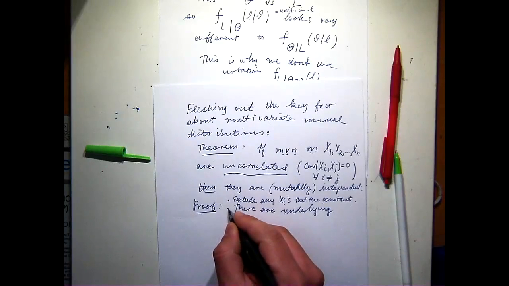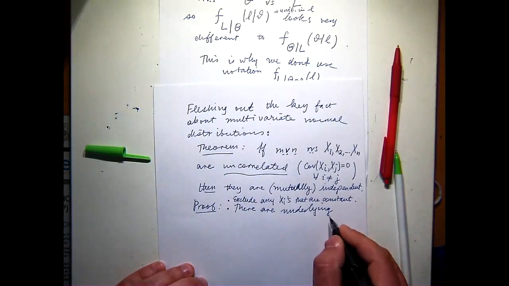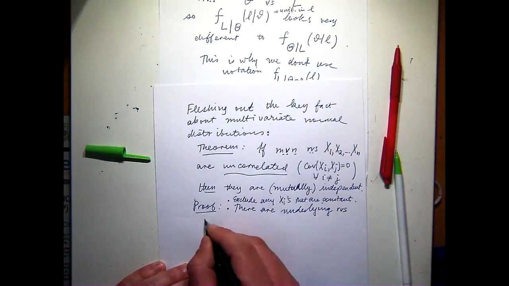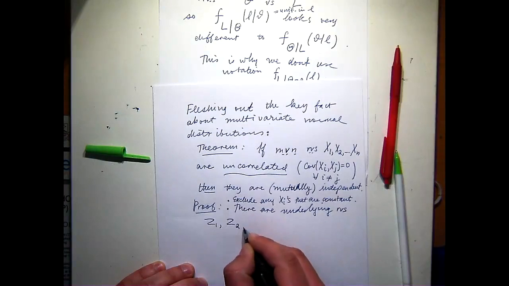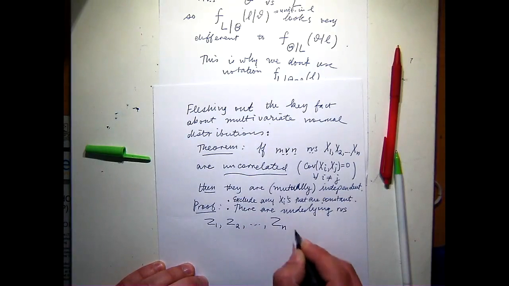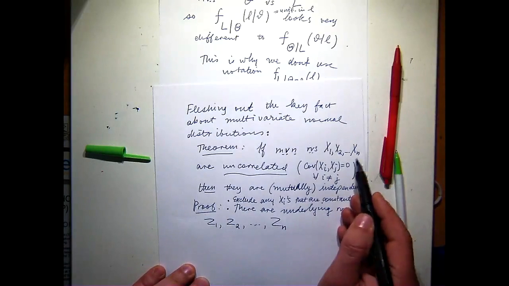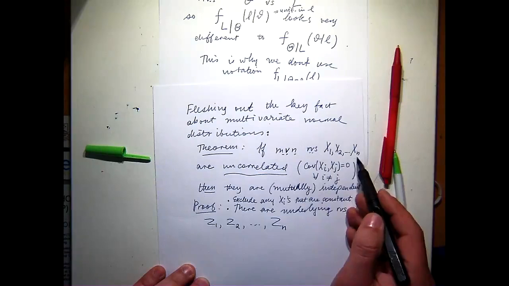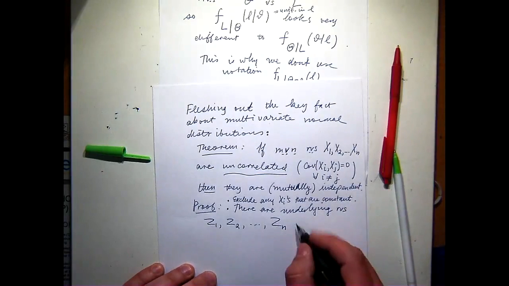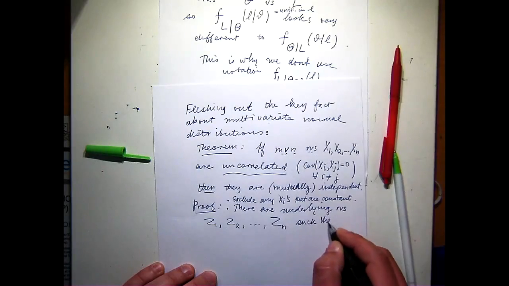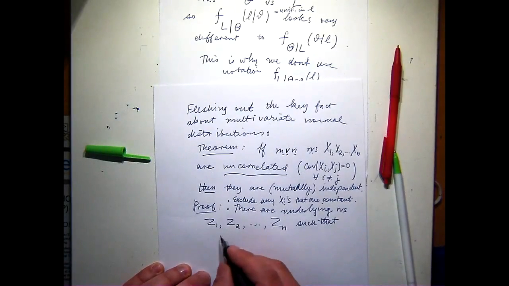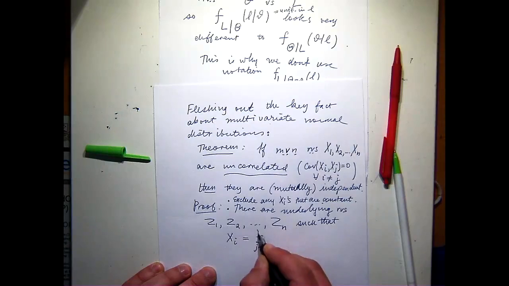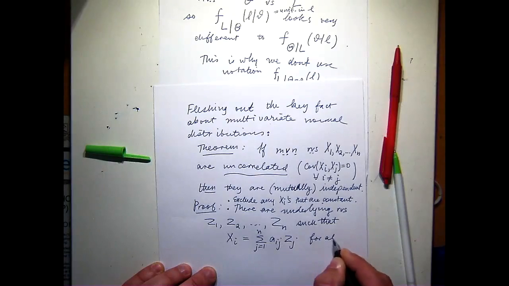And there are underlying random variables z1, z2, ..., zn. Now I'm going to make the key point here, unlike when I started, I'm saying n is the same as the number of x's. The number of z's and the number of x's is the same, such that xi equals the sum from j equals 1 to n of a_ij z_j for all i.